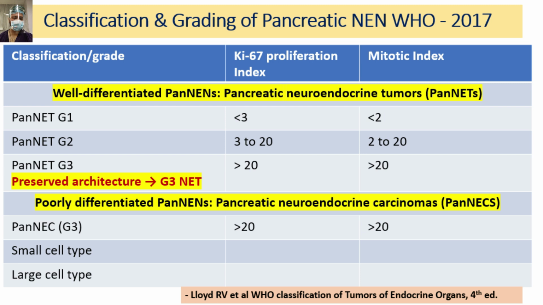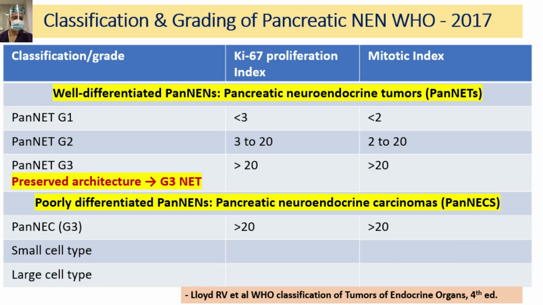Grade 2 is 3 to 20 in Ki67 and 2 to 20 in mitotic index. Grade 3 is more than 20 proliferative index and more than 20 mitotic index. So the next term is pancreatic neuroendocrine carcinoma, that will be grade 3.